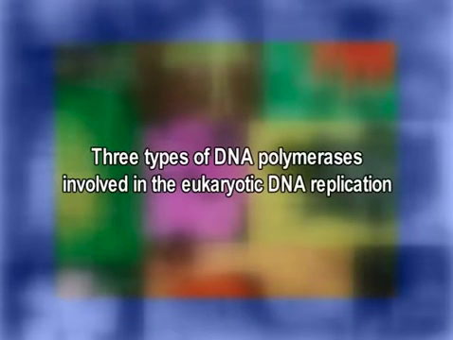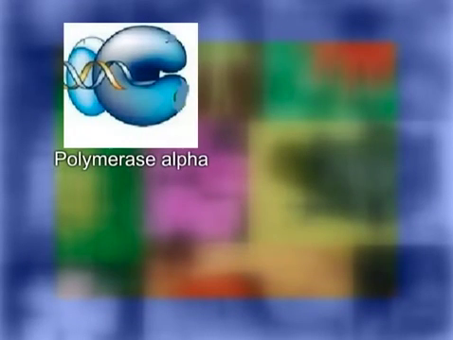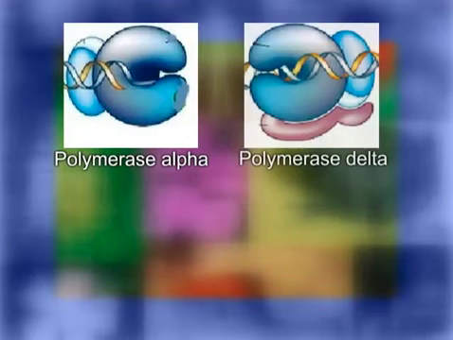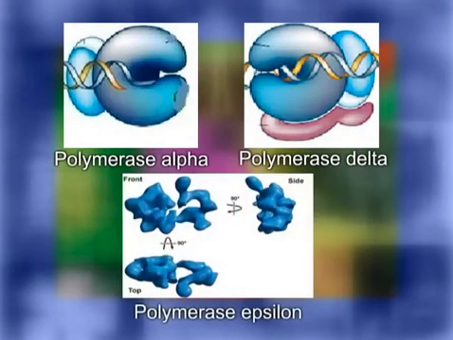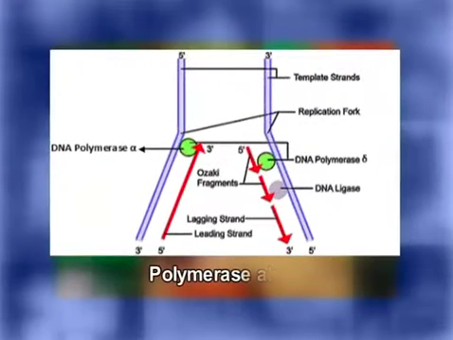Three types of DNA polymerases are involved in eukaryotic DNA replication: 1. Polymerase alpha. 2. Polymerase delta. And 3. Polymerase epsilon. Polymerase alpha elongates the primer and is involved in the synthesis of the leading strand.